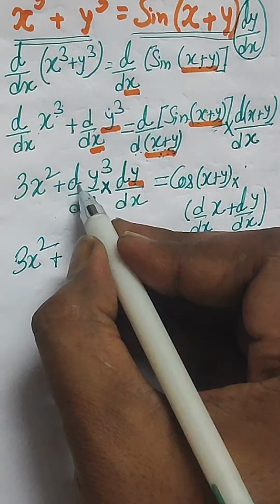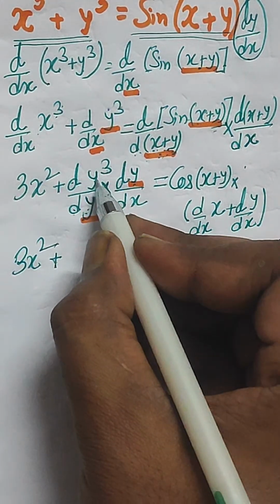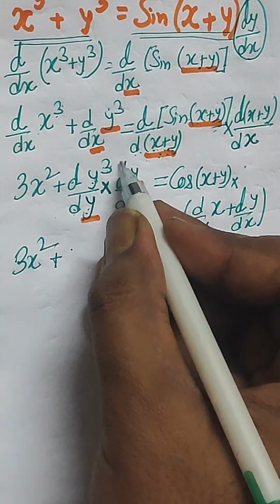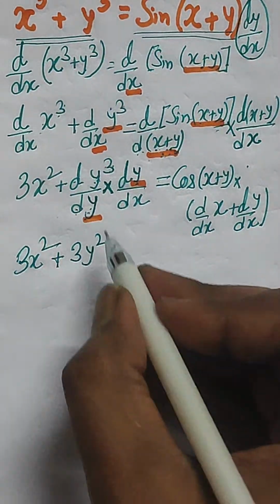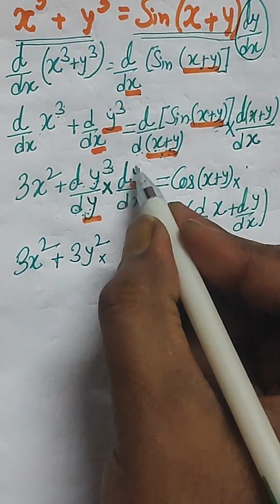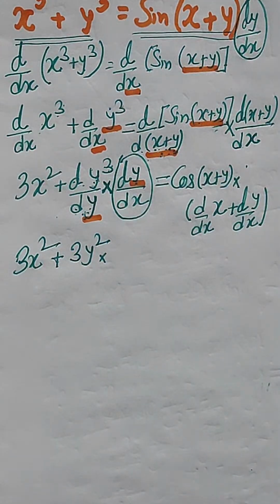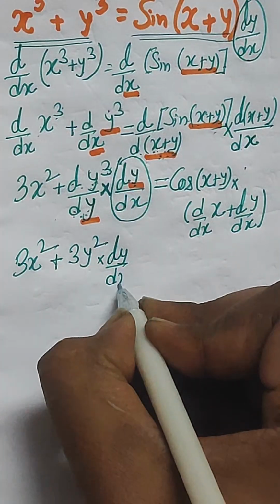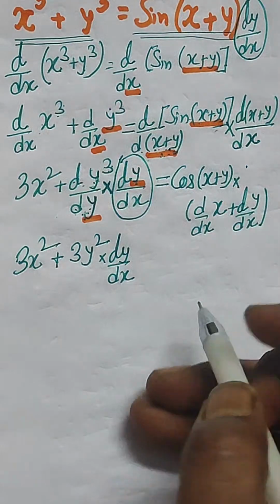So dy cube will give n y to the power n minus 1, so it will be 3y square for this. But we have an additional dy by dx left, which is already there from the previous step.